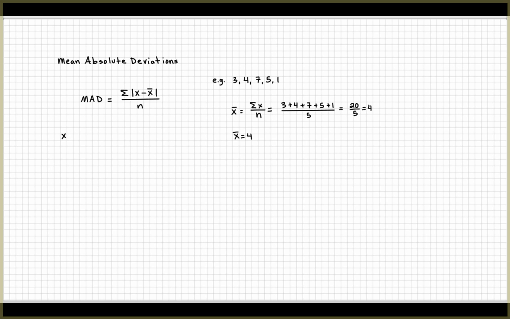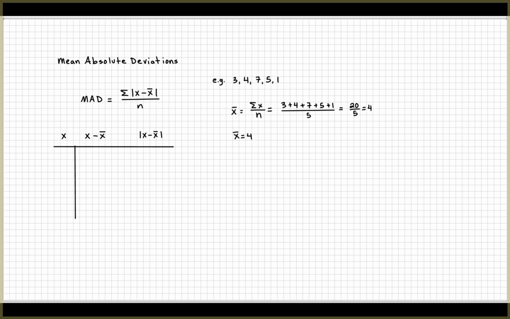Okay, so we're going to calculate the mean absolute deviations through a systematic process, and we're going to use columns to do that. Okay, so the first column is going to be x, which is your data column, and then x take away x bar, which sometimes is called the deviations from the mean, and the absolute value of x take away x bar.